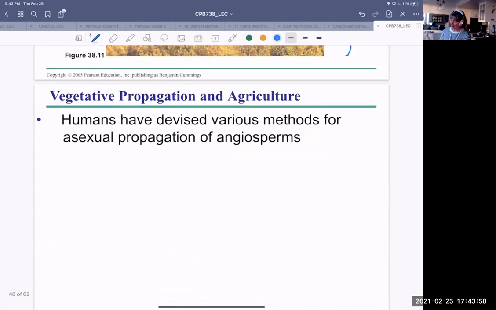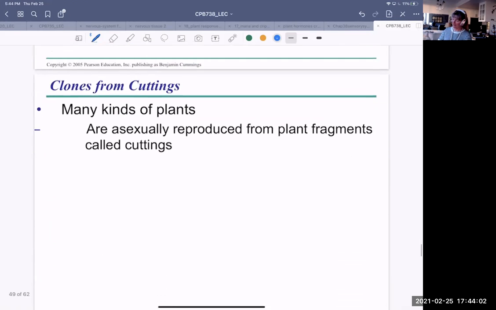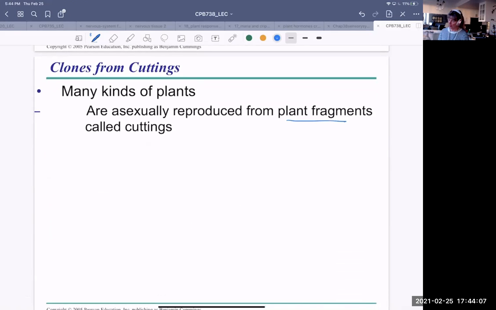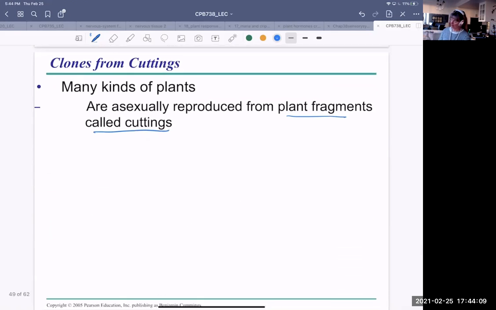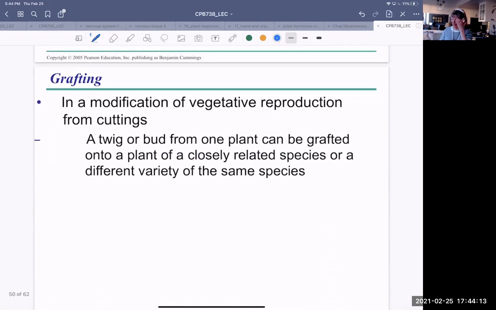And of course, for agriculture, asexual propagation is important because it's very fast. Plant fragments that we can get from plants are called cuttings. I don't know if you've heard of grafting. It's used a lot in the wine industry. You can take a twig or a bud from one plant and graft it, kind of with glue, essentially, onto a plant of a closely related species or a different variety of the same species.